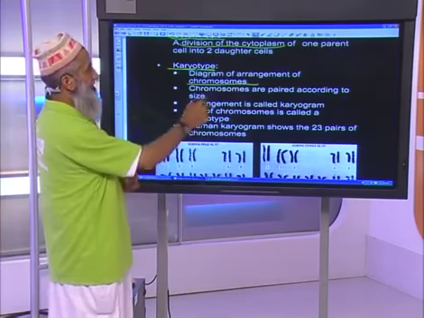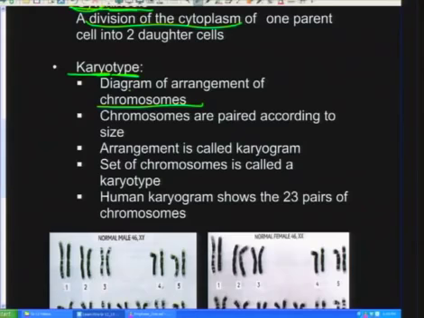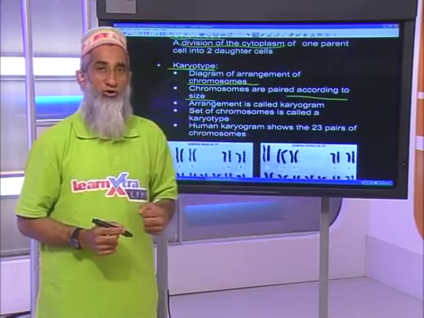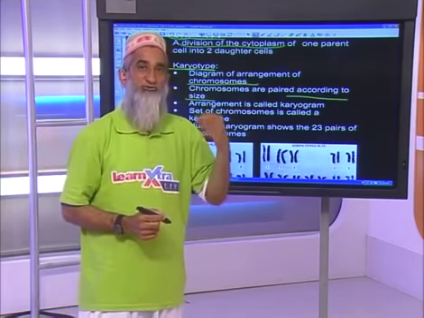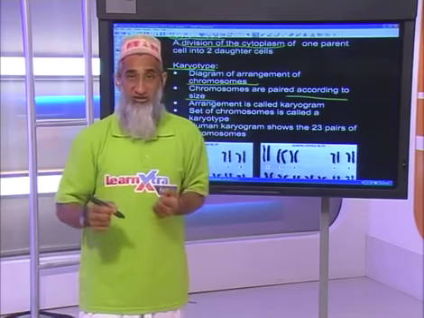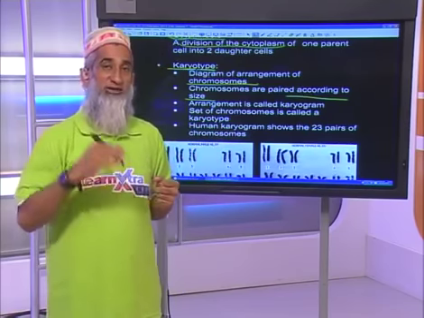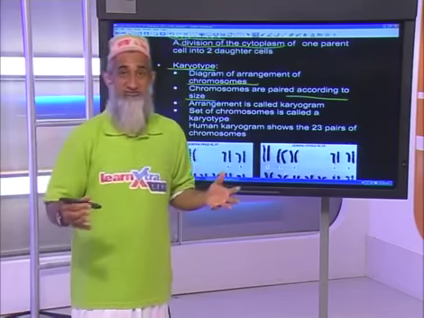First of all, we must understand that chromosomes are paired according to size and obviously according to the characteristics that they code for. We cannot have a chromosome that is coding for eye color right next to a chromosome that is coding for bum size.